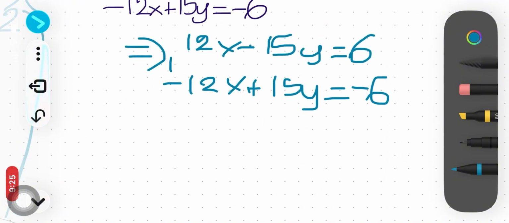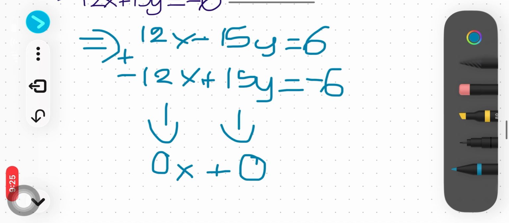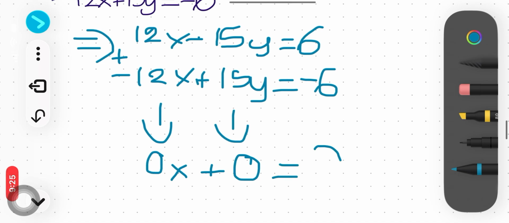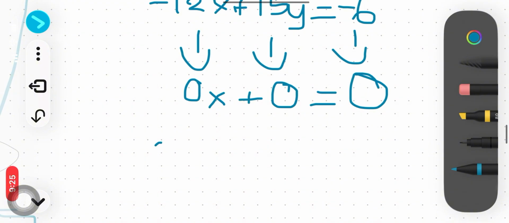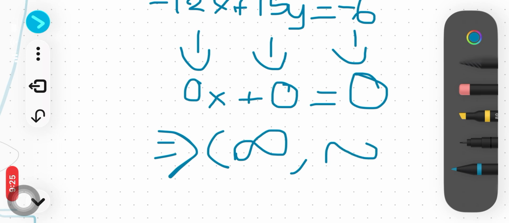Now we add them, which is 12x plus minus 12x is 0, minus 15y plus 15y is also 0, and 6 plus minus 6 is 0. So that means that this has infinite solutions.